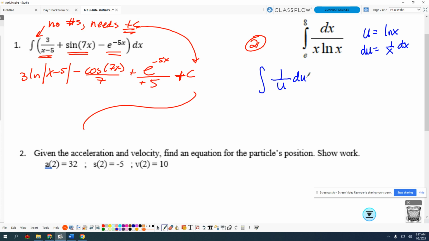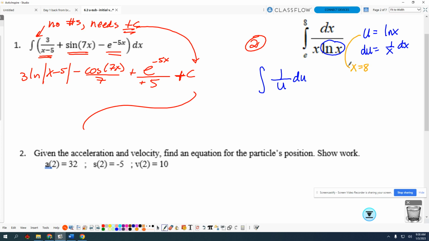Derivative of U is 1 over x dx. So ln x is U, that goes in the denominator. The stuff that's left was dx over x, which happens to exactly be du. But we need to translate one other thing: you translate the bounds to the new u instead of x.